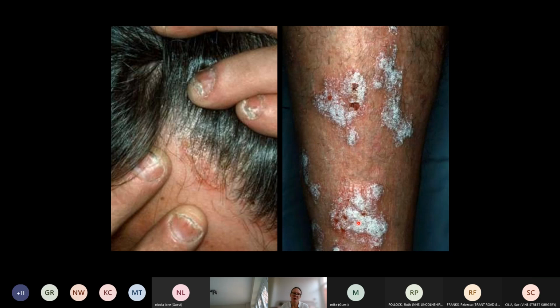And that's really important when we think about treating psoriasis, because if we put some psoriasis treatments on this, it's not going to treat the underlying psoriasis, it's just going to soak into all that scale on the top. So there are treatments you can use to get rid of the scale, and if you use that first, then other treatments will work, because they won't be just getting absorbed into that top layer.